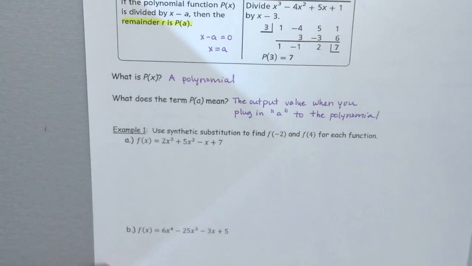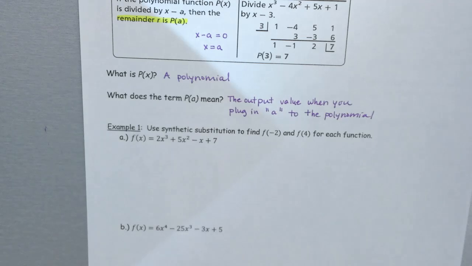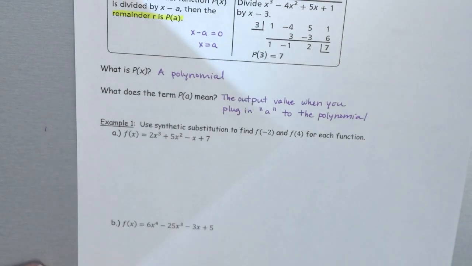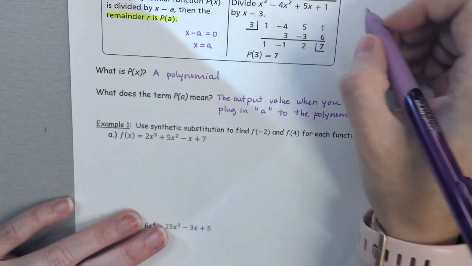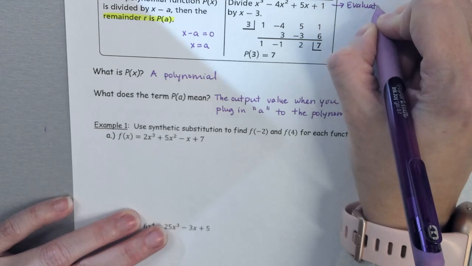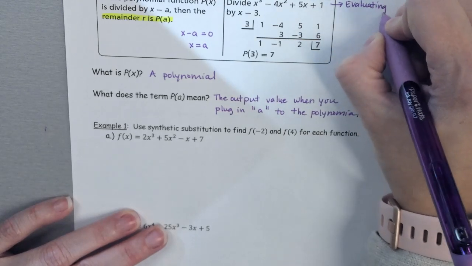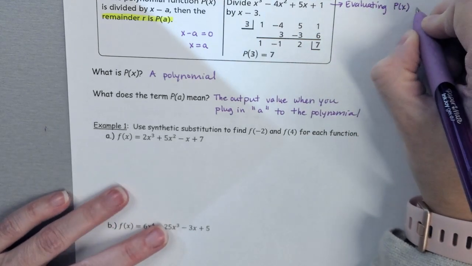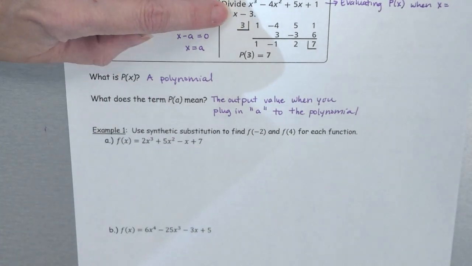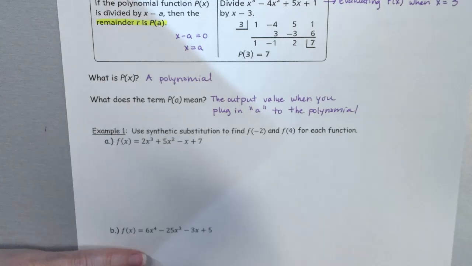So this is telling us that the remainder is equal to your output. So when you're dividing this, this is the same thing as evaluating the polynomial when x is equal to, so if it's x minus 3, x would be equal to 3.